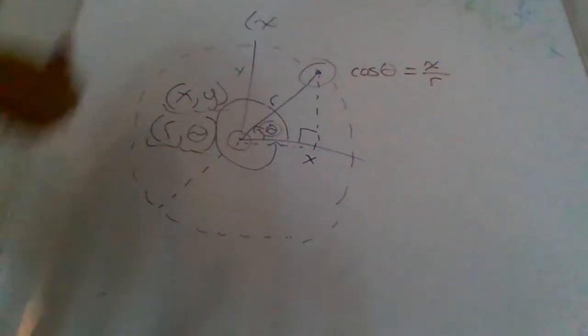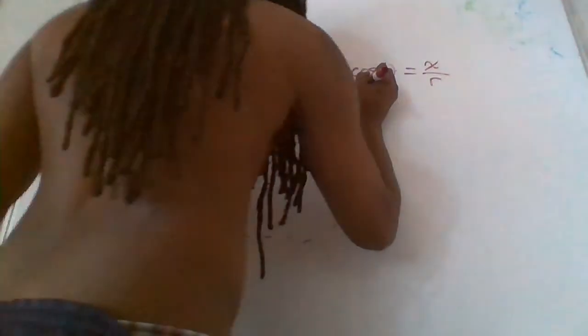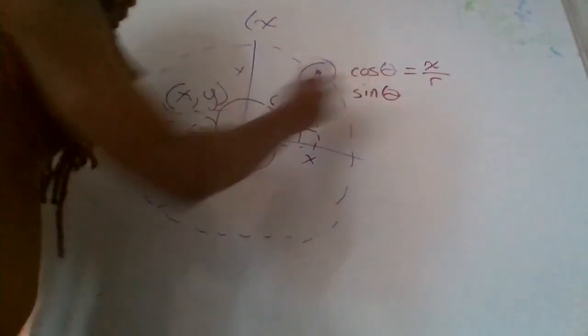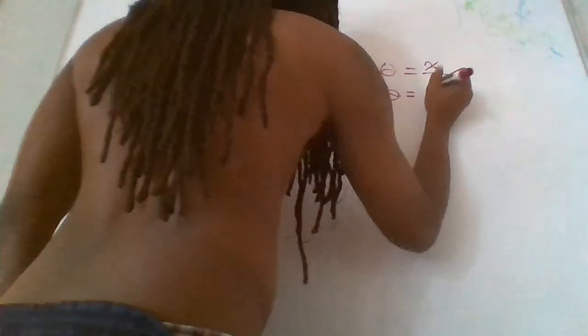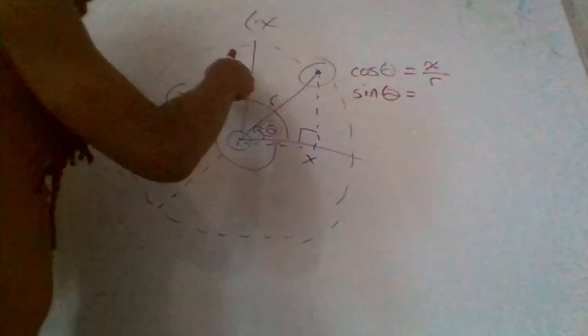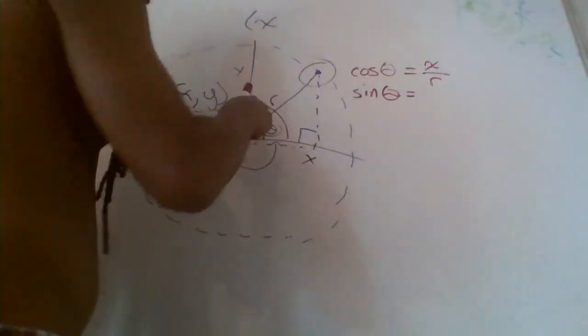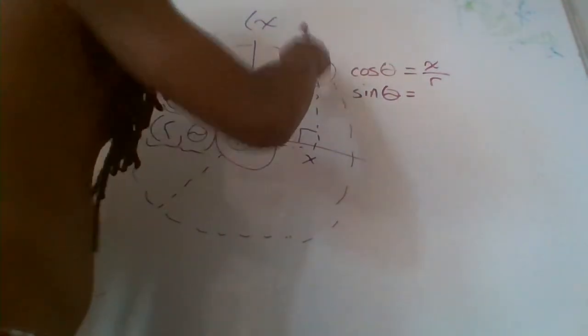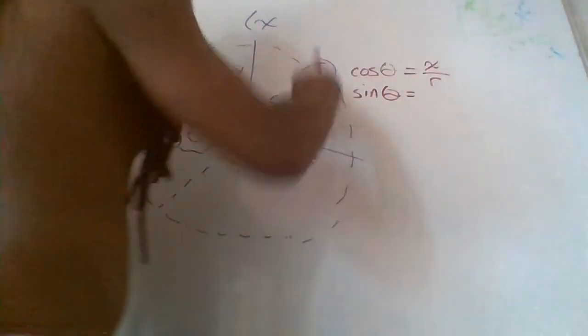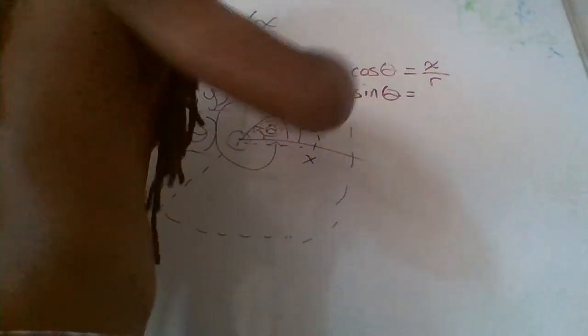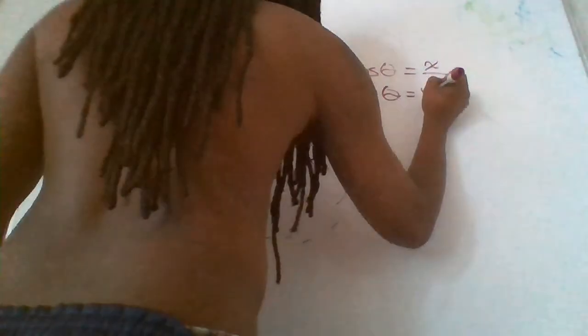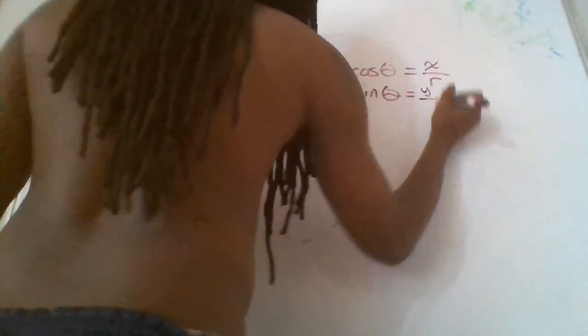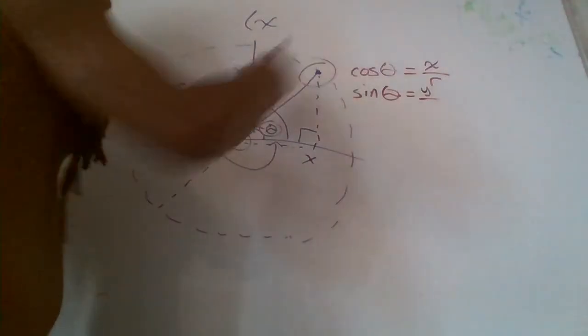And this ratio is sine of that same angle theta. And that is equal to the length of the opposite side, which is y in this case, over top of the hypotenuse, which is the radius of our circle once again.